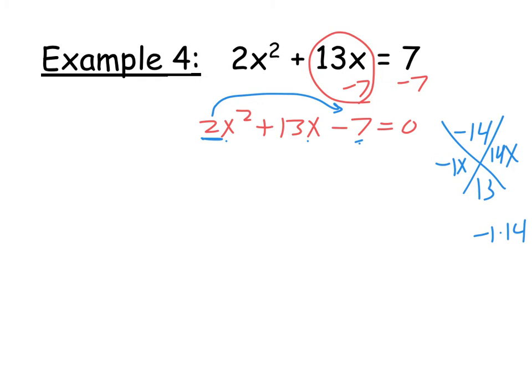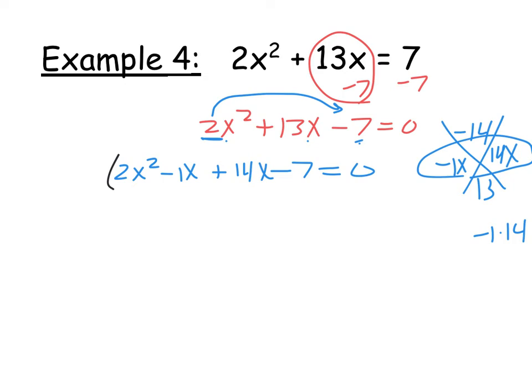I think I'll just do grouping for this one again. So I'm just going to go 2x squared, and then these 2 terms, -1x, plus 14x minus 7 equals 0. So grouping them. In the first 2, all I can take out is an x.